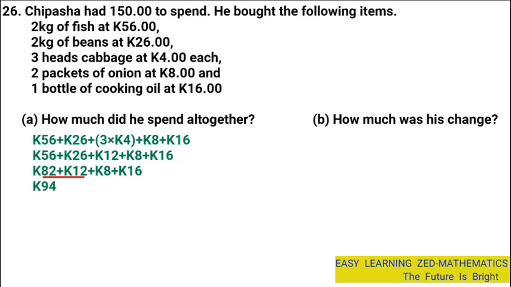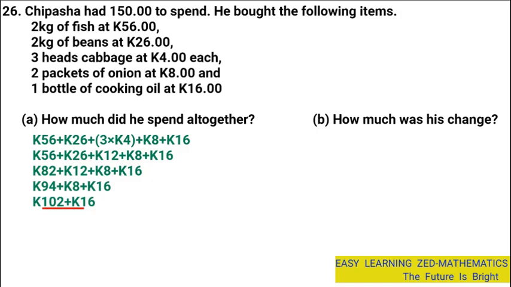Then I'm going to add 94 plus 8 kwacha, which will give me 102 kwacha, which will be added to 16 kwacha. Okay? So 102 kwacha plus 16 kwacha, that is 100 plus 16 kwacha, will give me 118 kwacha.